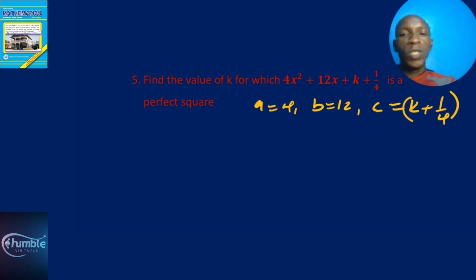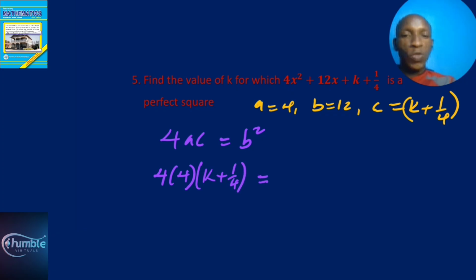But the rule was 4AC is equal to B squared. So therefore, replace whatever you have. It will be 4 by A, and A is 4, by C, C is k plus a quarter, should be equal to B squared, and B is 12 squared.